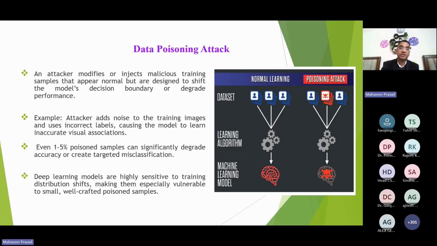Even 1 to 5% poisoned samples can significantly degrade accuracy or create targeted misclassification. Deep learning models are highly sensitive to training distribution shift, making them especially vulnerable to small, well-crafted poison samples.